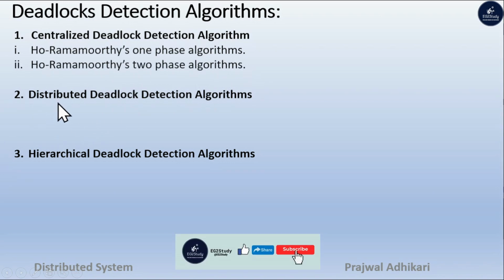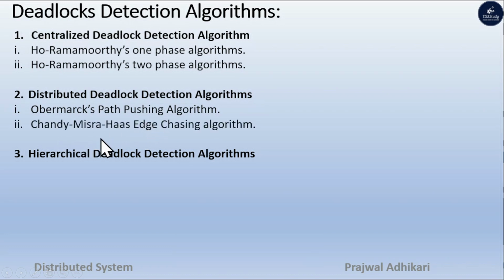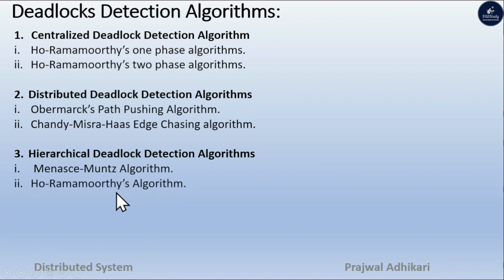In distributed deadlock detection, there are Obermarck's path-pushing algorithm and Chandy-Misra's edge-chasing algorithm. In hierarchical deadlock detection, there are Menasce-Muntz's algorithm and Ho-Ramamoorthy's algorithm. From the next video, we will study these algorithms one by one in detail.